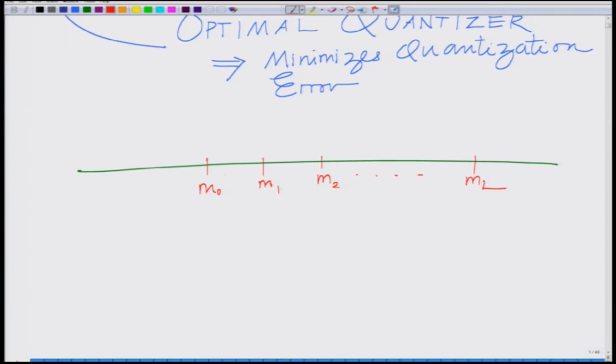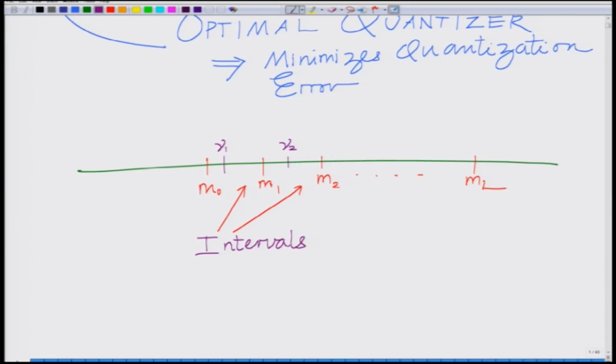Each of these are your intervals. To design an optimal quantizer, we have to intelligently choose these intervals, and in each interval you have the quantization point, which need not necessarily be placed in the middle of each interval.